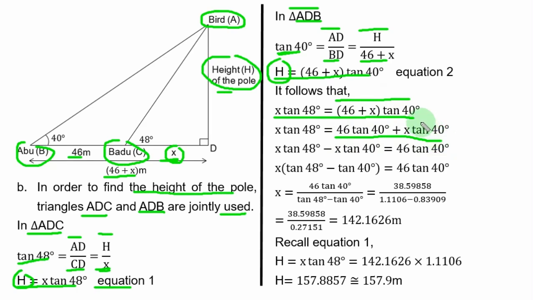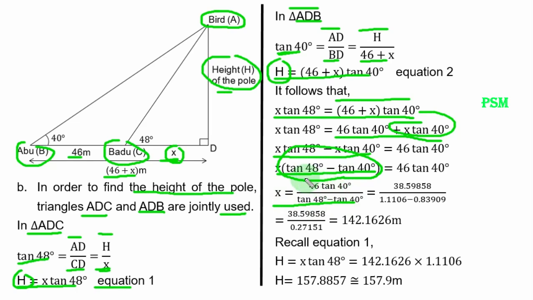Collect like terms by transferring this term to the left hand side. Factor out s. You have this result. Divide both sides by the coefficient of s. You have it in this form.